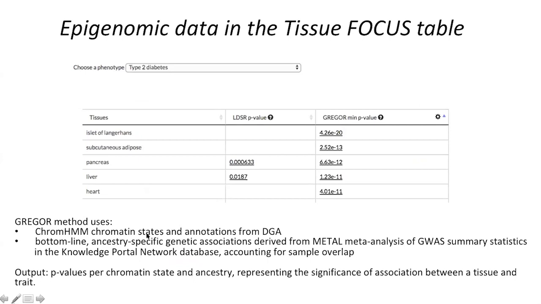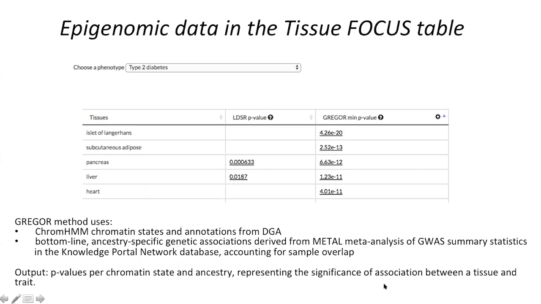GREGOR takes the chromatin state and other annotations from DGA, and it combines them with bottom line ancestry-specific genetic associations that we generate here by meta-analyzing all of the GWAS summary statistics that we have in our database. And the algorithm accounts for sample overlap. And so GREGOR comes up with a p-value that describes the significance of association between a tissue and trait. And the p-values are specific to chromatin state and ancestry.